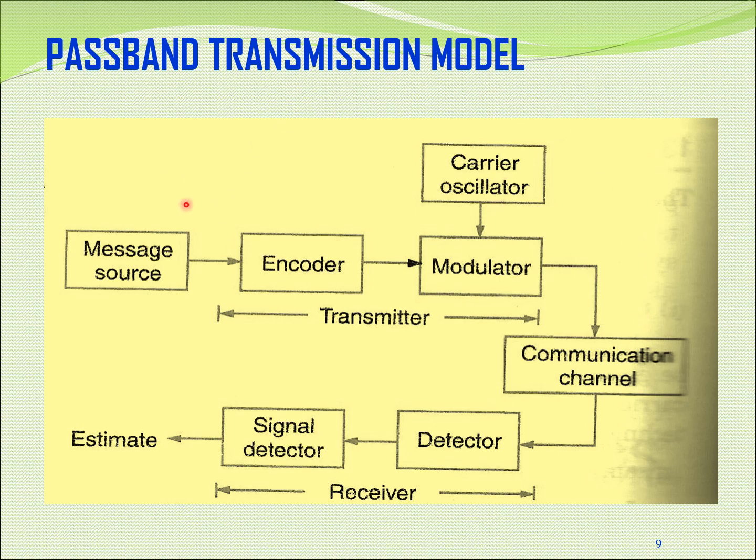This part is the transmitter and this part is the receiver, where we have the demodulator. As I told you, in the case of coherent, we will again use the same carrier oscillator here in order to detect the signal in a synchronous manner. And finally, the signal is detected and estimated. This is just a fundamental transmission model to understand where modulation and demodulation play their roles.